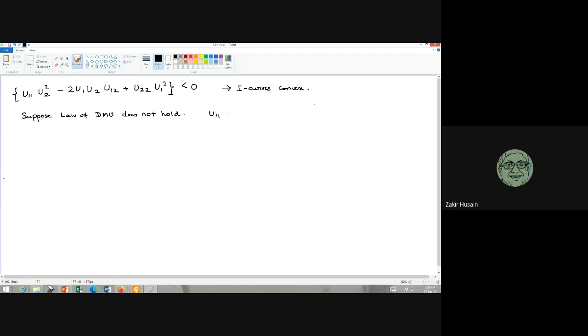So in other words, they are positive. Let us see what happens. Remember that this should be negative. Okay. What is U11? It is positive. This is also positive. U1 is positive, U2 is positive, and I don't know about U12. What is U22? Positive and positive.